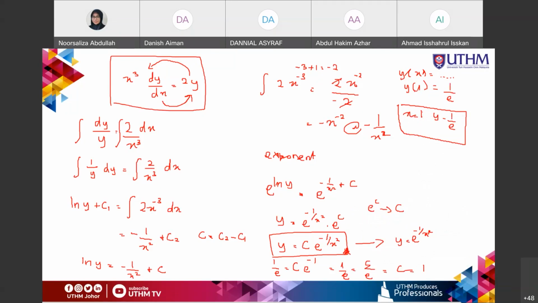Automatic you know that bila x equals to 1, this one represent x. So when x equals to 1, y equals to 1 over e. Yang ini boleh faham tak dia punya notation ni?